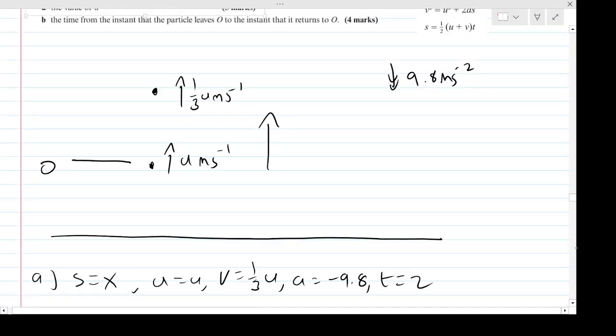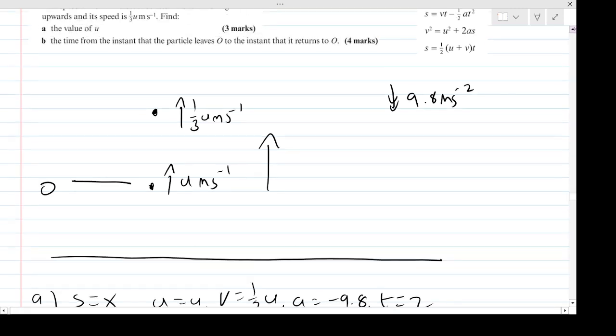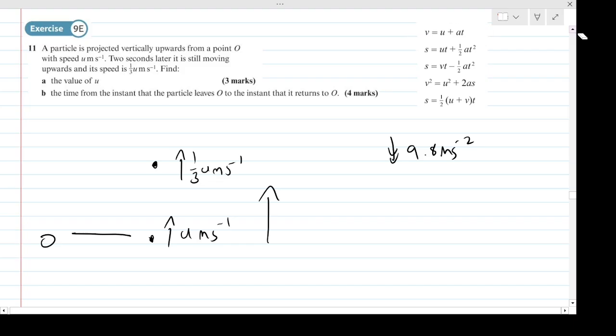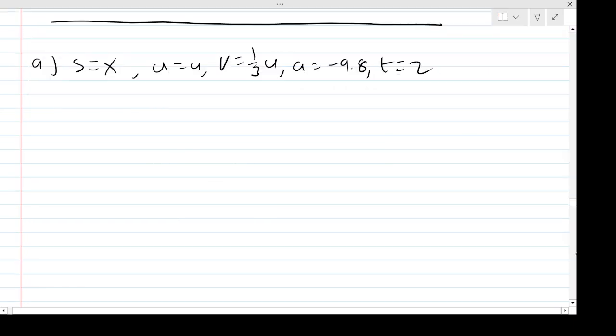So which formula does not involve s? Well, it's this one here: v equals u plus at. So a third u is going to equal u plus negative 9.8 lots of 2. If we simplify that, we get a third u equals u take away 19.6.